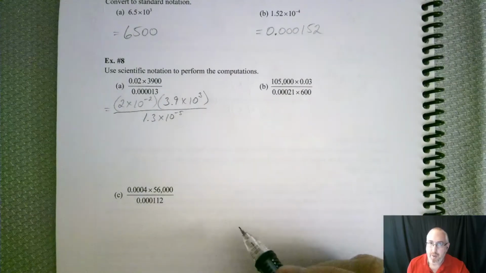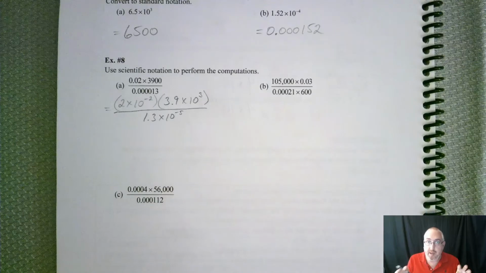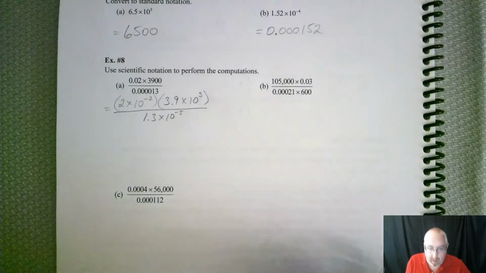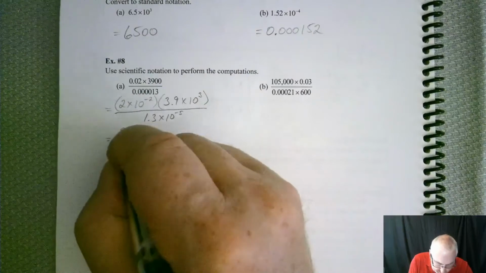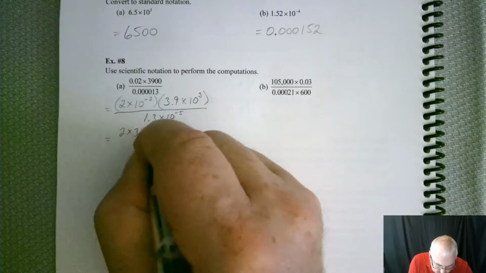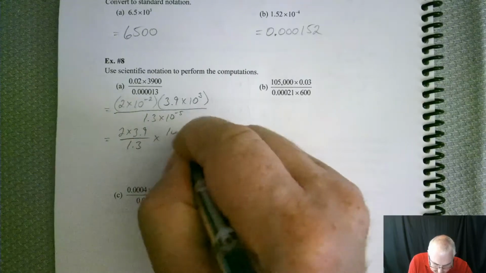Now what do we do though? Well, what I like to do is just kind of separate everything that goes together into 2 piles. So the first pile is all the number pieces. So we got 2 times 3.9 all over 1.3, and then we got all our powers of 10.